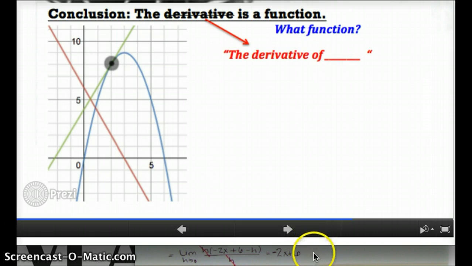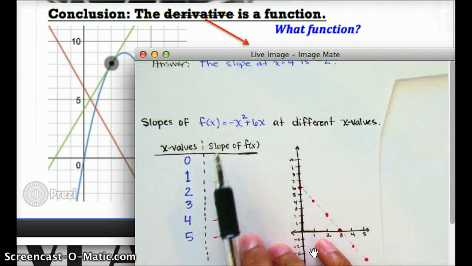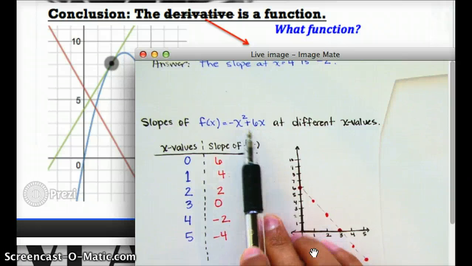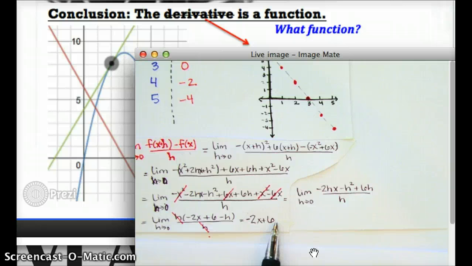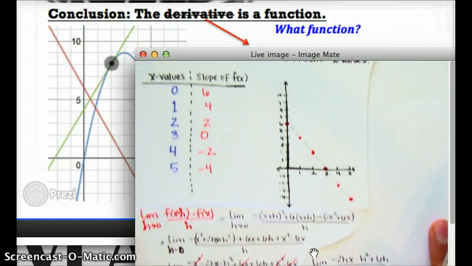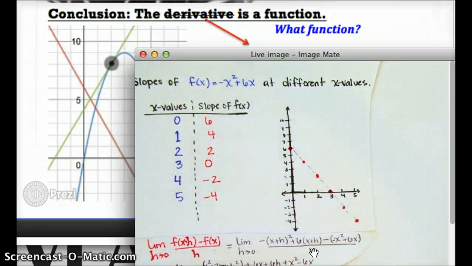For example, the one we just did, the derivative of negative x squared plus 6x is negative 2x plus 6. They're both functions, and they're functions that are related in this special way that this function's output tells me the slope of this function. That's what a derivative is.